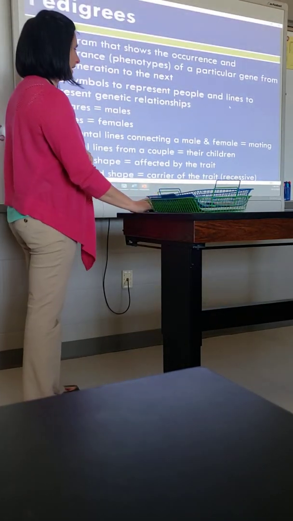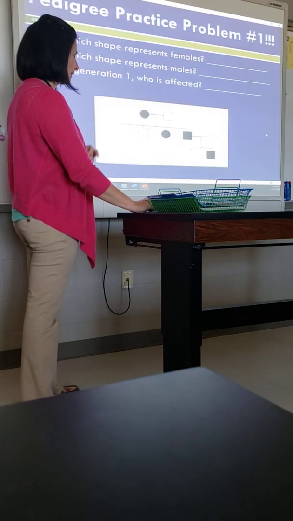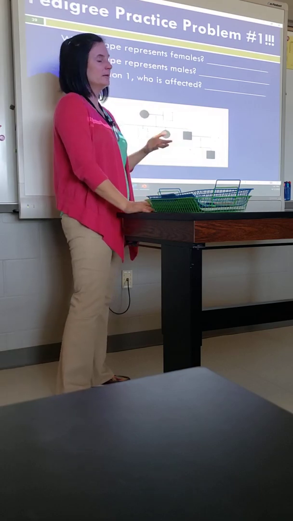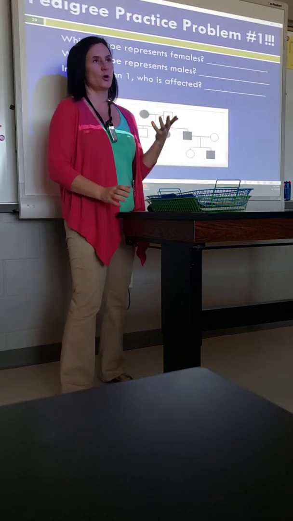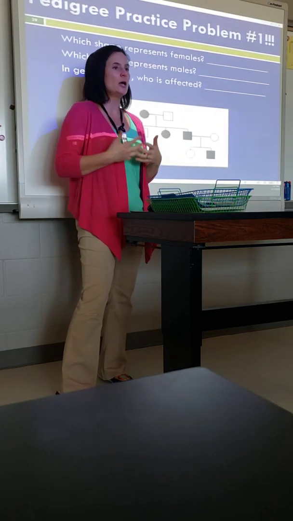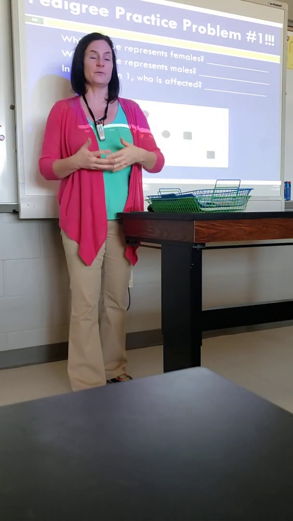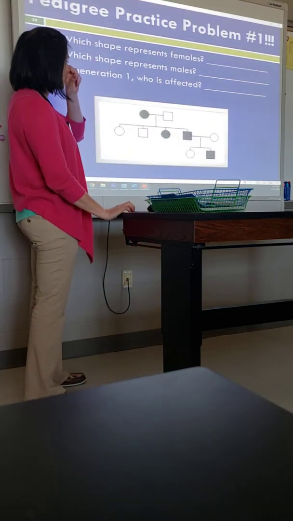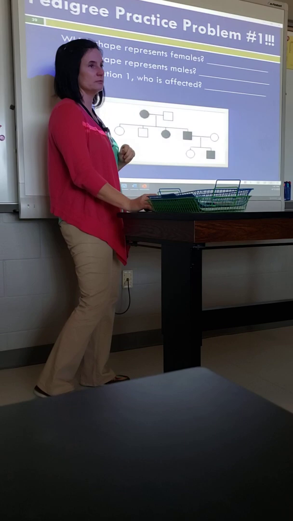So typically this is what happens if the trait is recessive. They might be a carrier for it, but they don't physically have it, like color blindness. You might have the trait for color blindness, but you aren't physically colorblind yourself, but you could pass it on to your offspring, possibly.